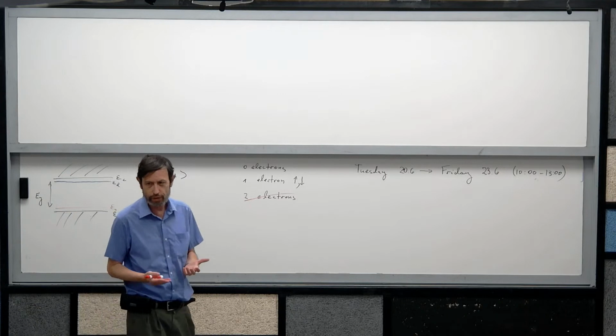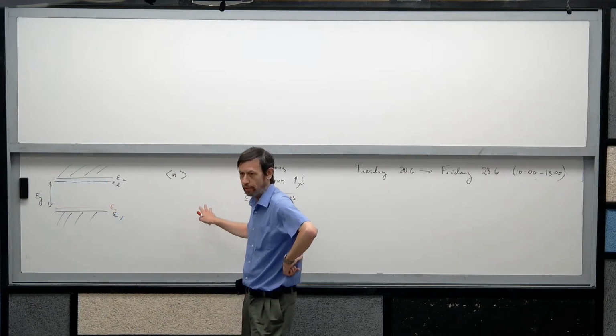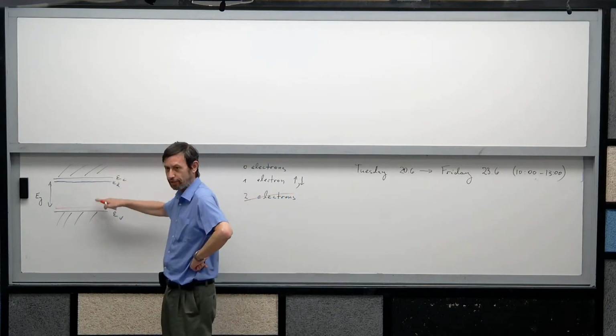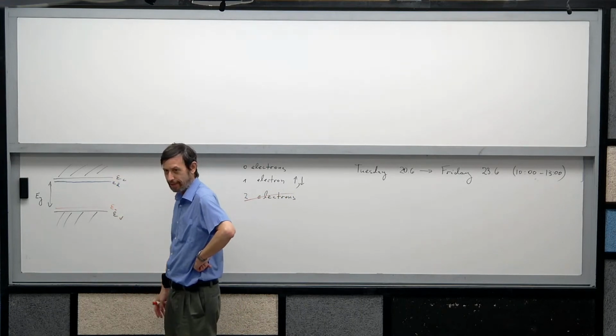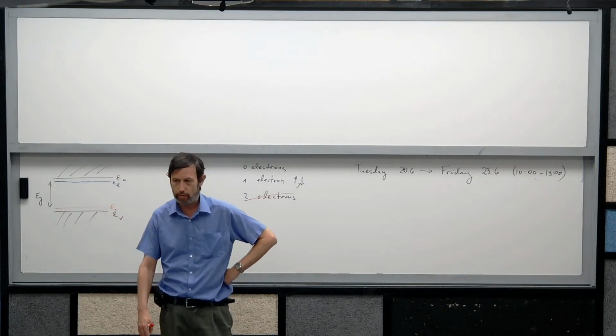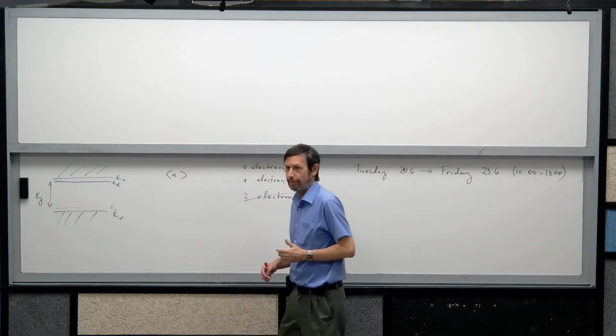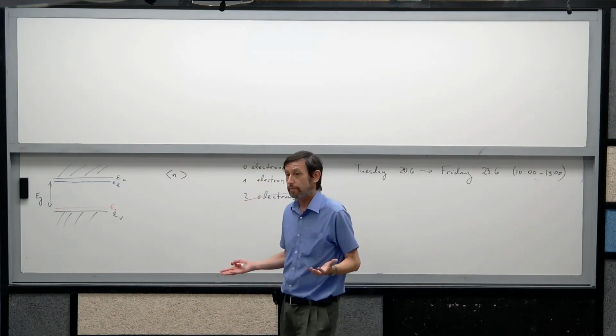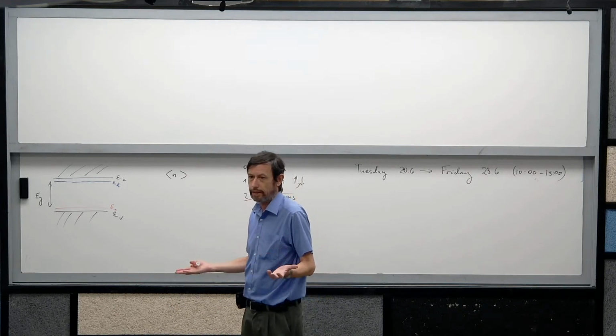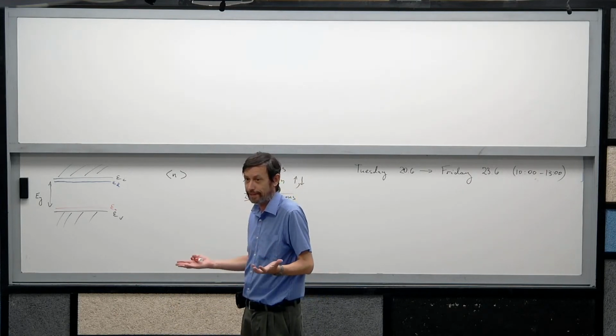You don't have to worry about it. It's much larger than the energy scale that we're playing with here. Okay, so I have three states here. So now we'll do statistical mechanics for a system with three states.